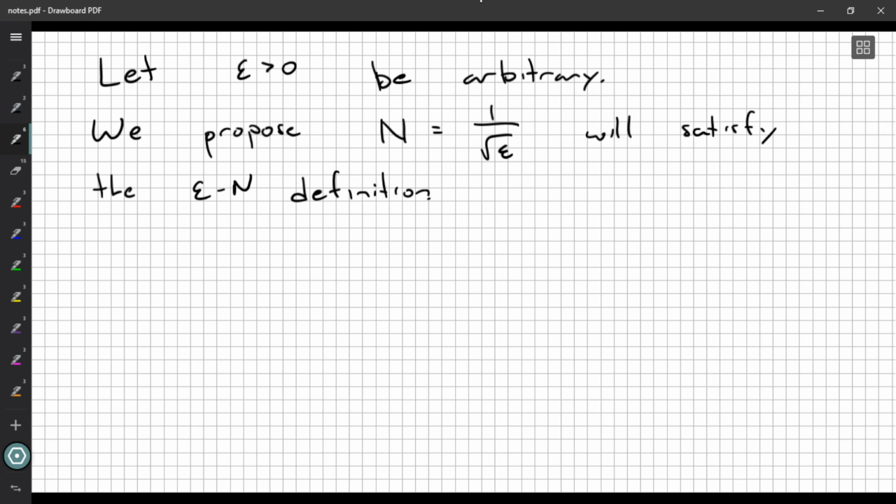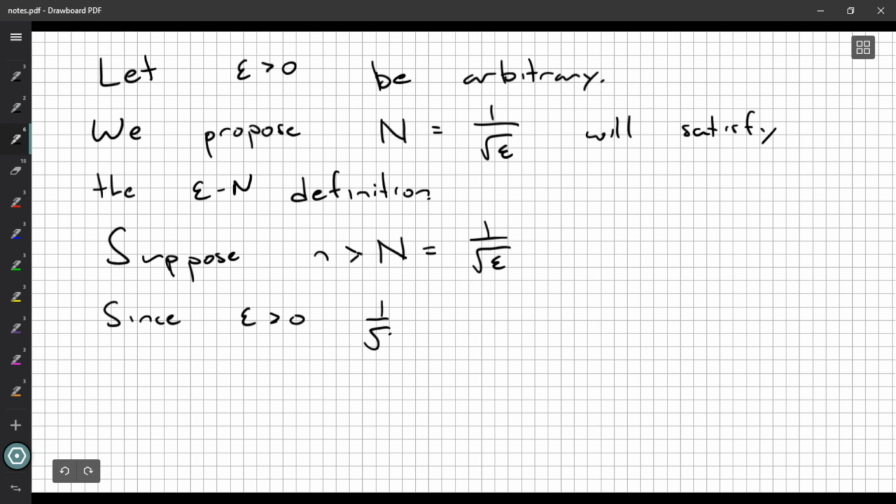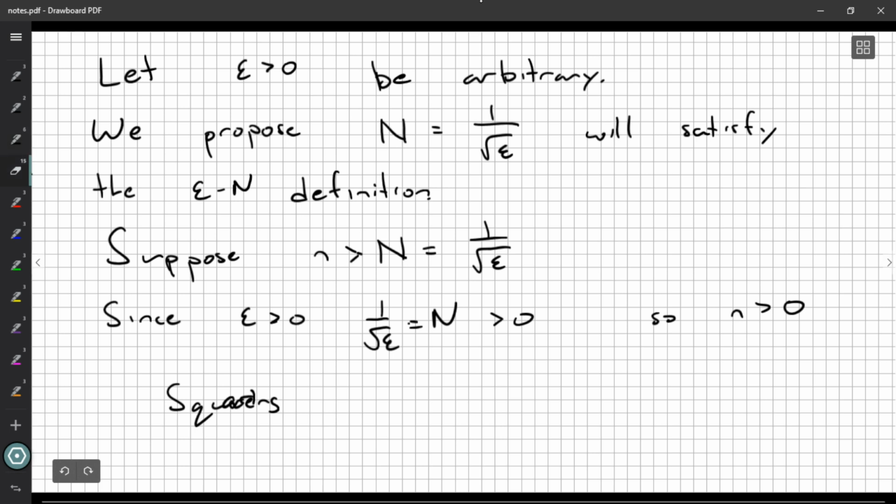So what are we going to do? Suppose that little n is greater than this capital N, which I'll remind you is 1 over root epsilon. Since epsilon is positive, 1 over root epsilon, which is equal to N, is positive. So these n's here are positive.